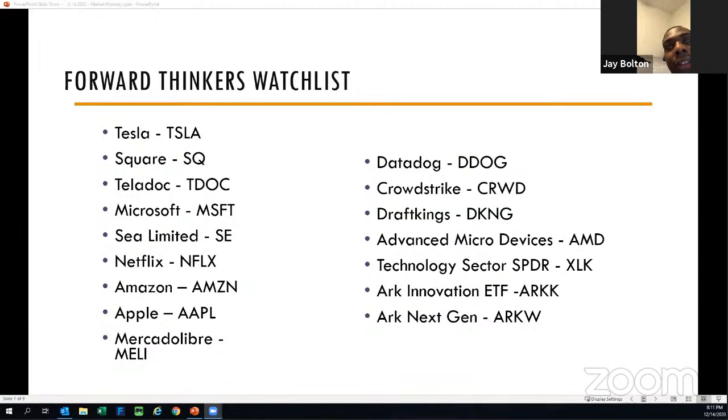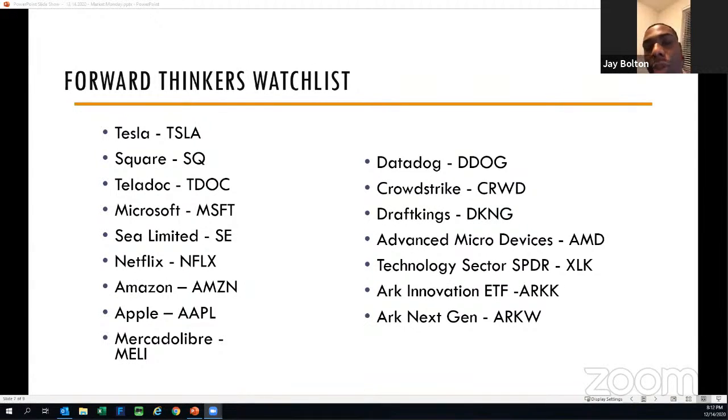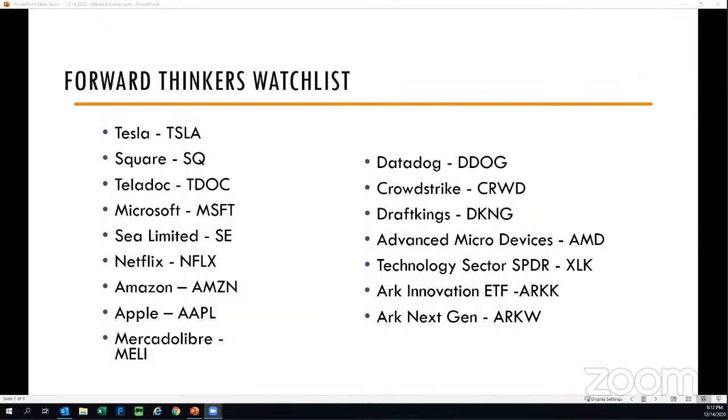But we do know, like, say, for ARKW, its option chain only goes to June right now. We do know that its option chain will at least extend, most likely, to January 2023, this Friday. Okay. So I'm looking at that one, for example.